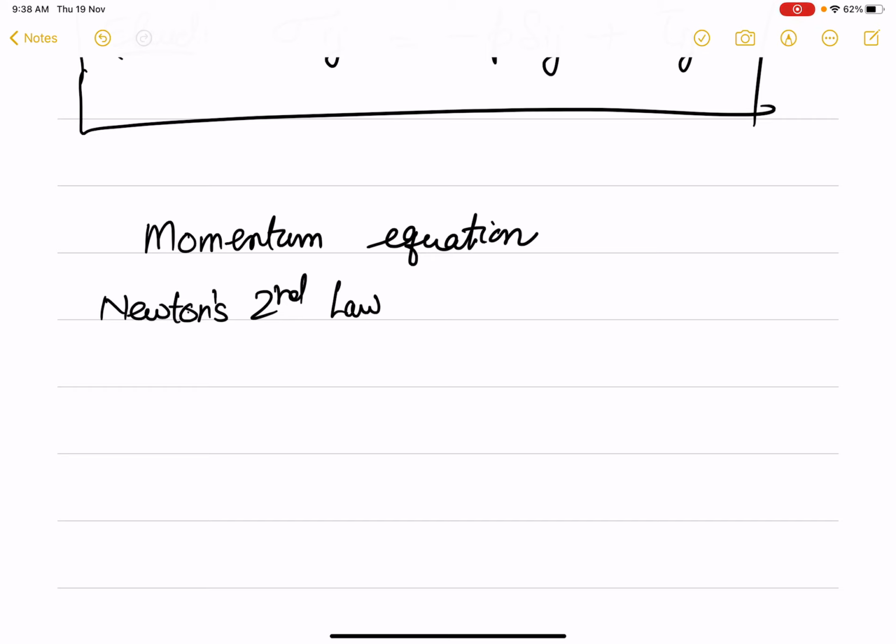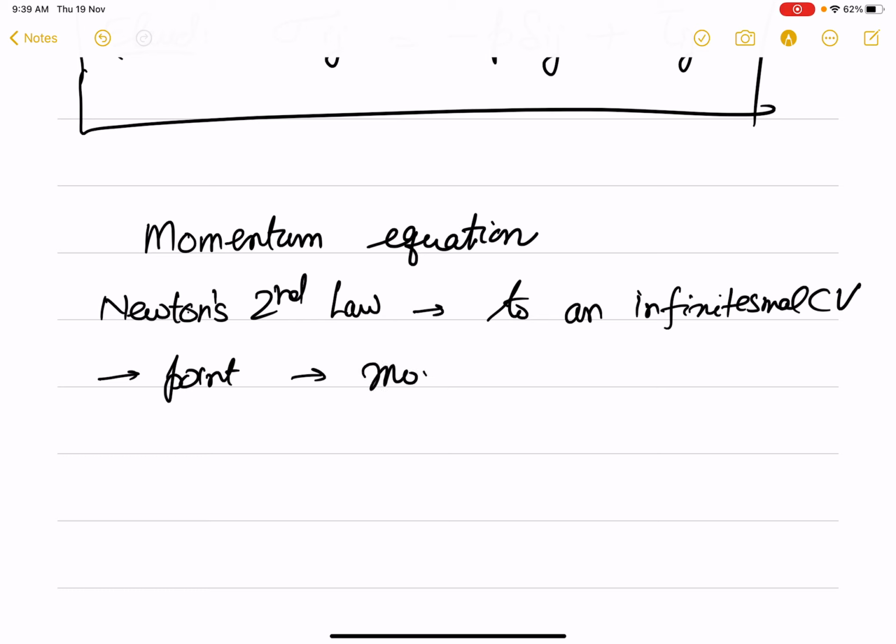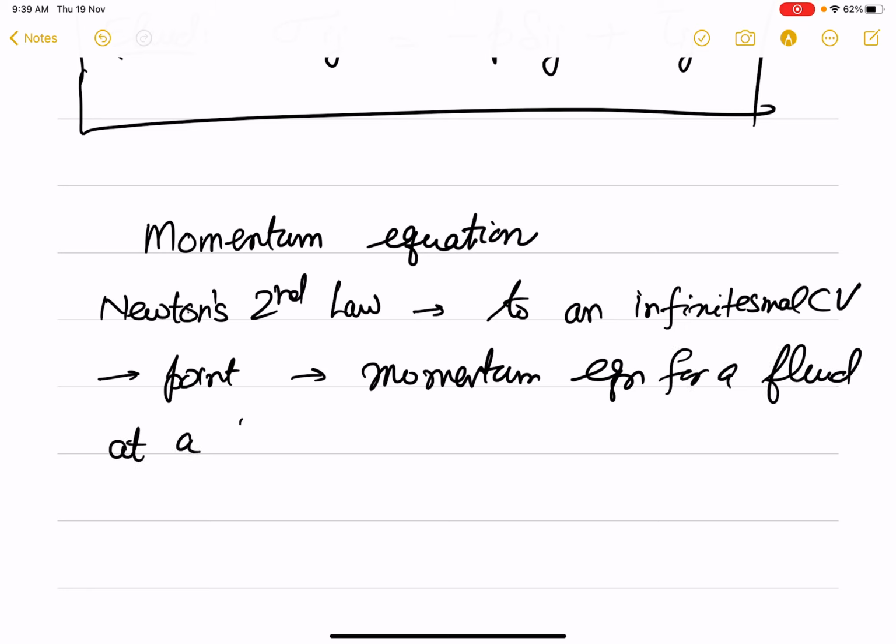Basically, we apply Newton's second law to an infinitesimal control volume. And when we do that, that means we move to a point, and that will give us the momentum equation for a fluid at a point. And we would expect this to be a differential equation.